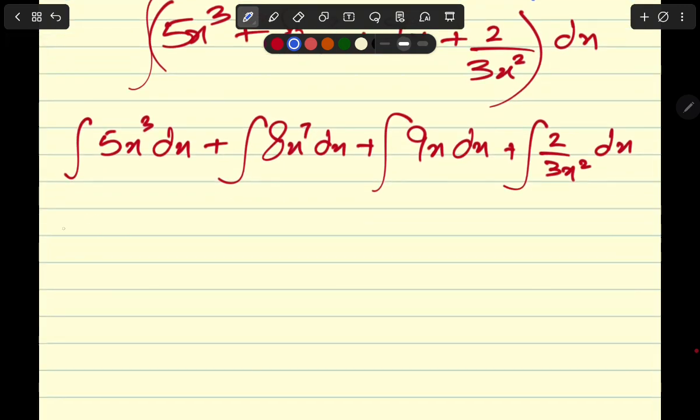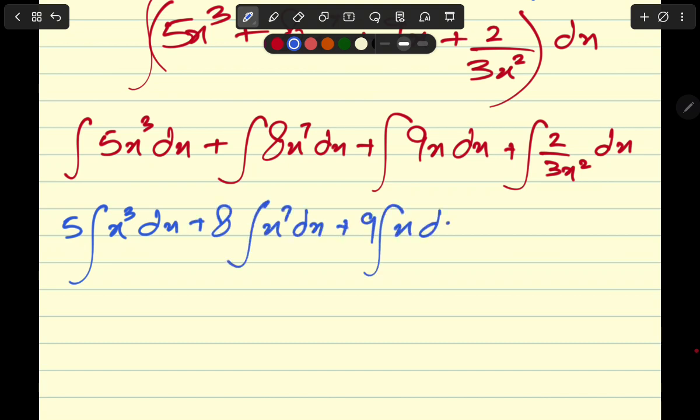Now, you can bring the constant coefficient outside of the integral sign. So this is nothing but this, and similarly this becomes x^7 dx plus 9 integral x dx plus 2 upon 3 integral 1 upon x square could be written as x to the power of minus 2 dx, right?